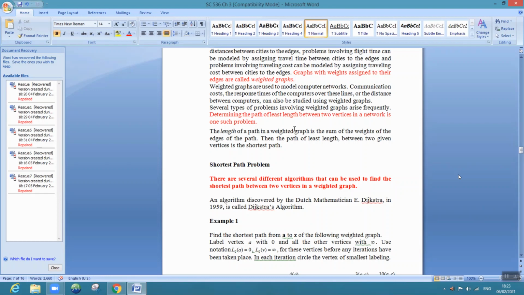So there are weighted normal graphs and weighted directed graphs, especially for networks. The length of a path in a weighted graph is the sum of the weights of the edges. The path of least length between two vertices is the shortest path.